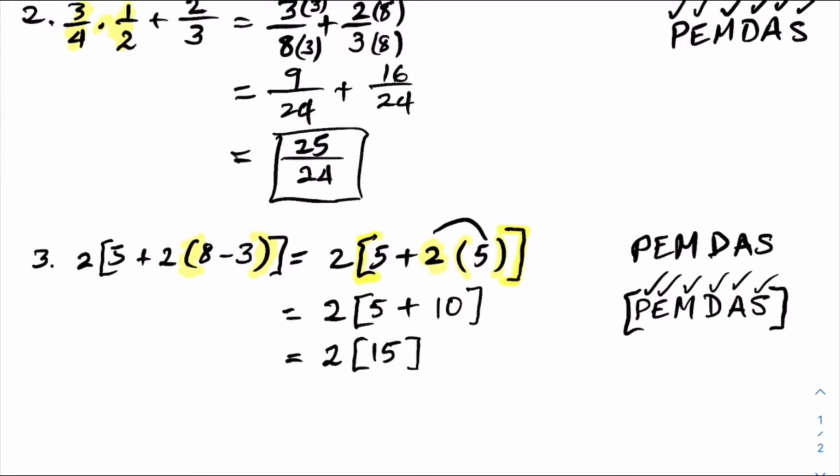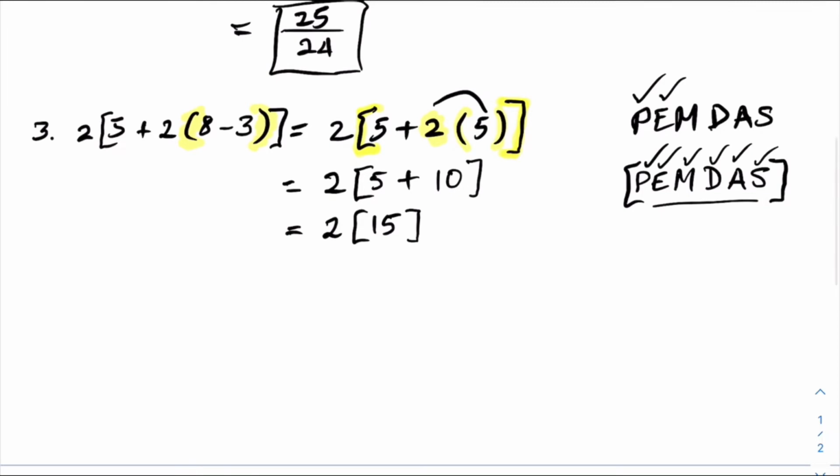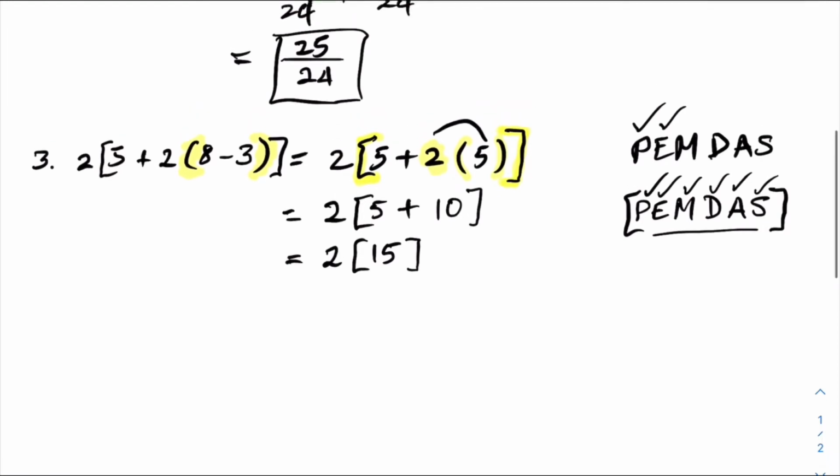Now we're going back outside of the bracket. So previously this was complete because we did what's in here. There is no exponent. There is a multiplication because, like I said earlier, when a number is next to a parentheses, it means multiplication.